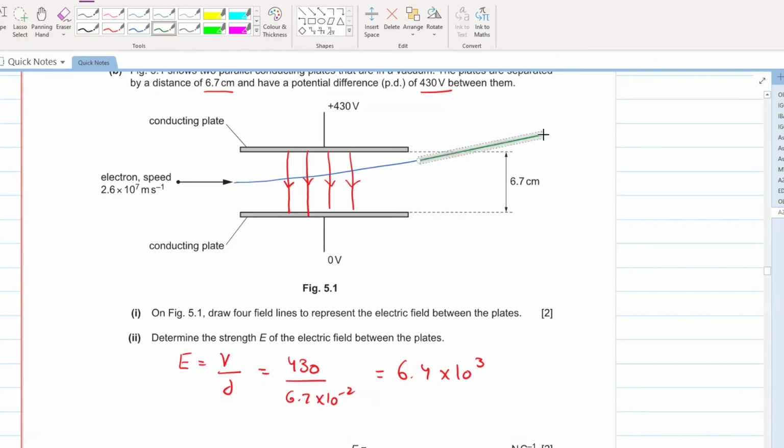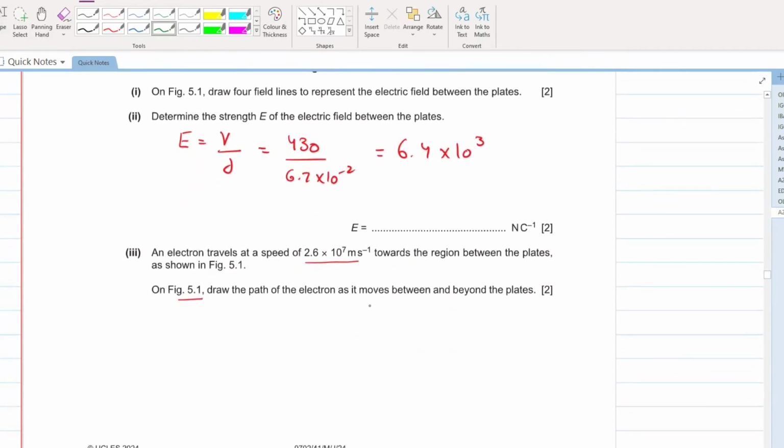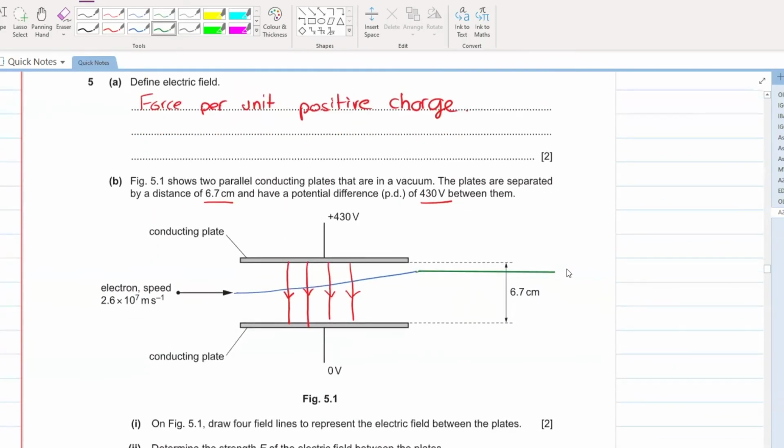Because you have to draw the electron path as it moves between and beyond the plates. Between the plates, it will be deflected in the upward direction towards the positive plate, and after it has moved out, it will be straight.